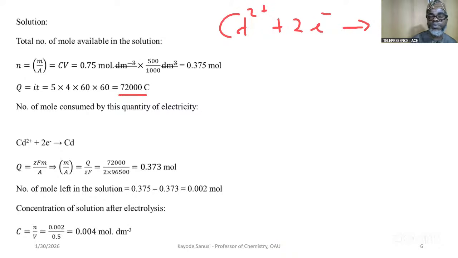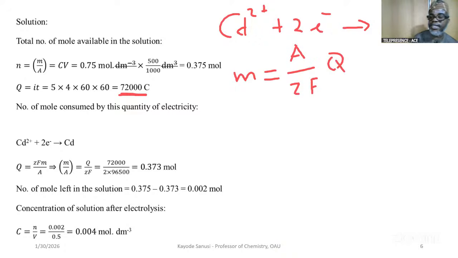Since we know that 2 Faraday will be required to deposit 1 mole of cadmium, what mass of cadmium will be deposited in the presence of 72,000 coulomb of electricity? That will be obtained using the relationship A over ZFQ.